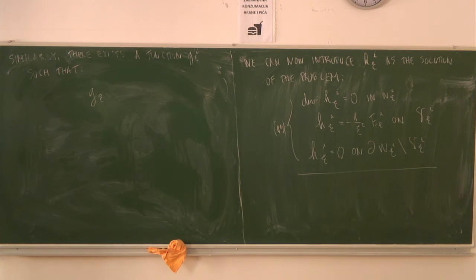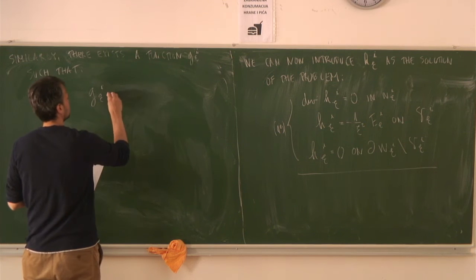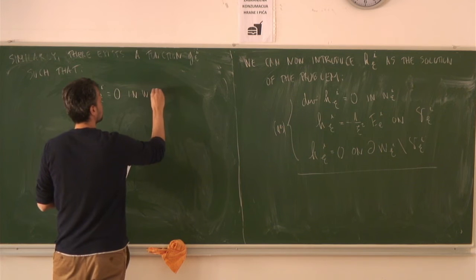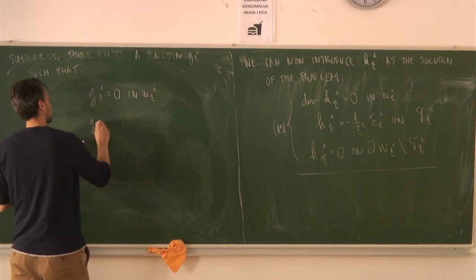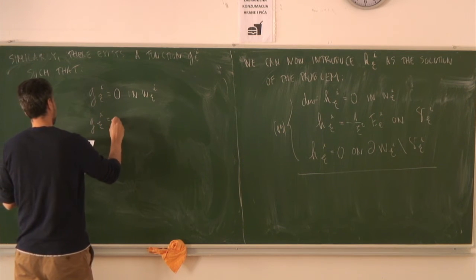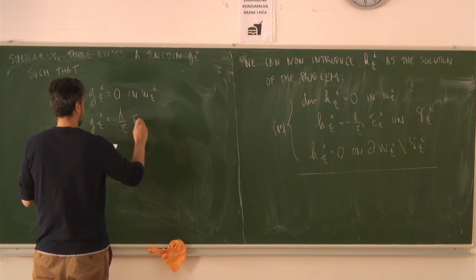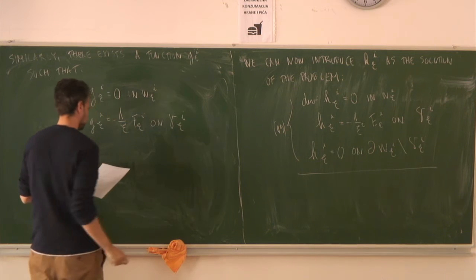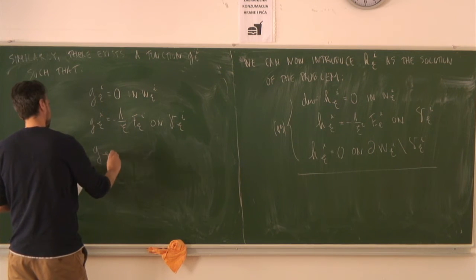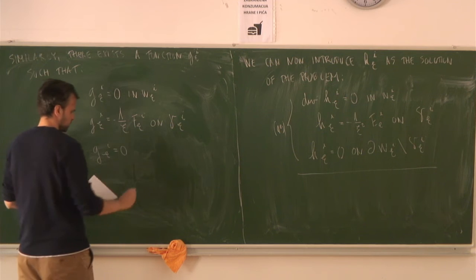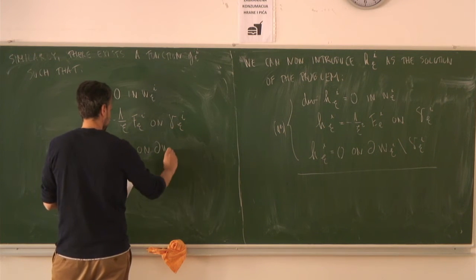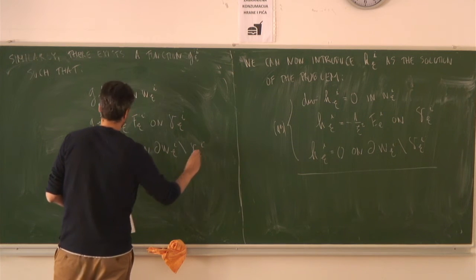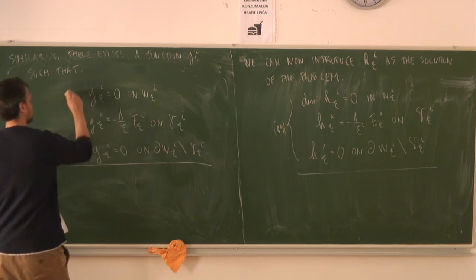Okay. So g epsilon I divergence equal to 0, it doesn't matter that the divergence is 0, in v epsilon I. g epsilon I is minus 1 over epsilon f epsilon I on the interface, and g epsilon I is equal to 0 on the rest of the boundary. Okay, you can denote this by 20.